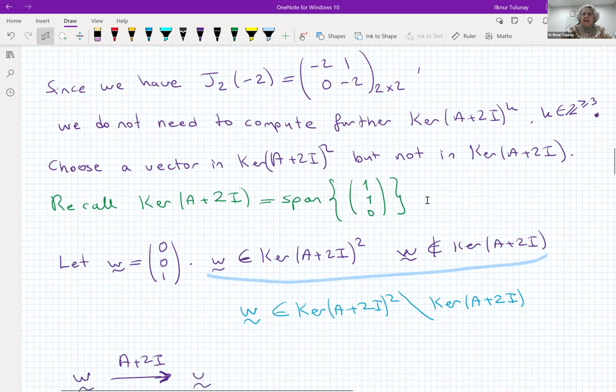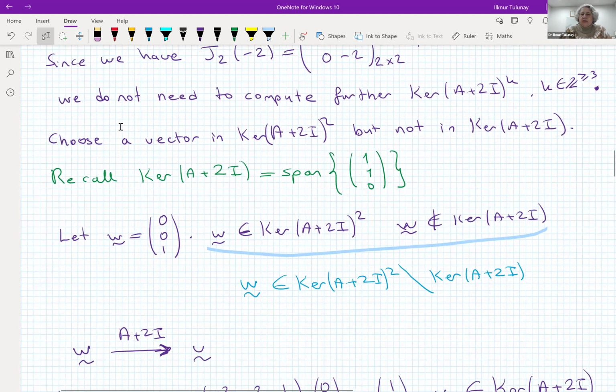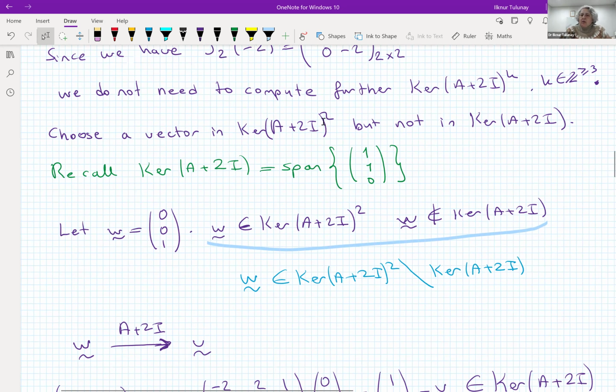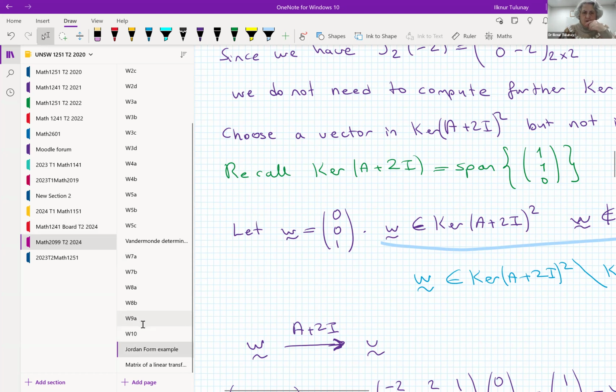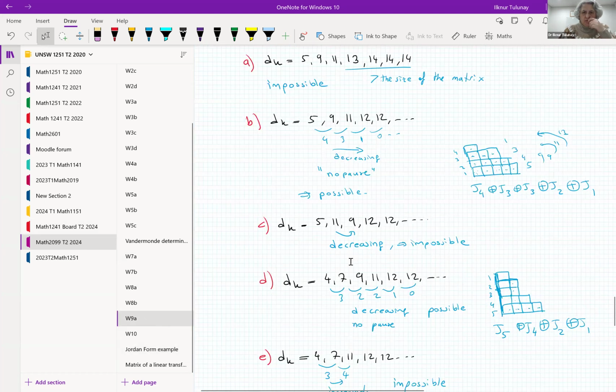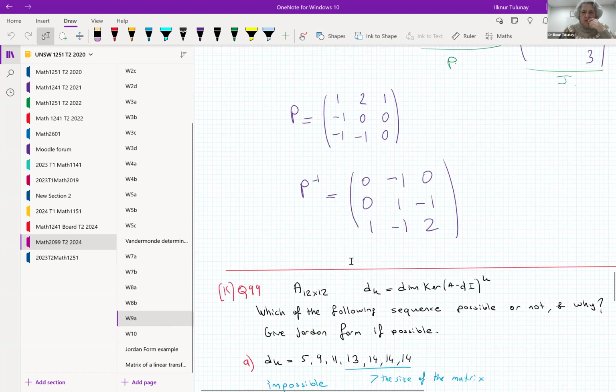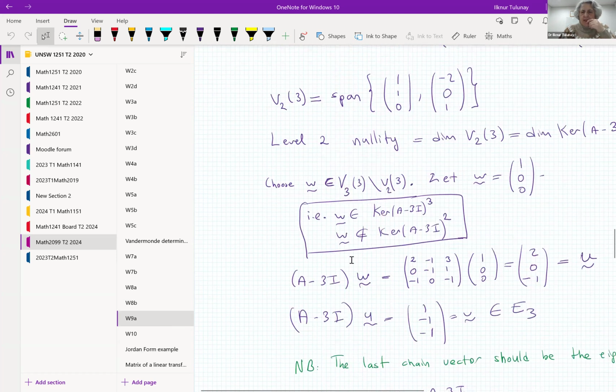The next thing to do is to choose a vector in this kernel space, but not in the smaller kernel space. As I explained last week, the kernels are contained in one another.